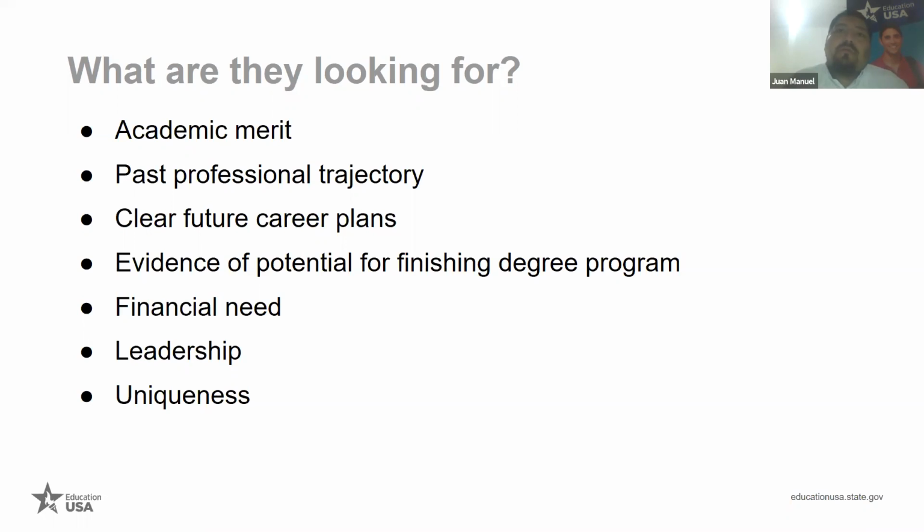Also, in the academic world, what has been your professional trajectory that is leading you to want to study this graduate program? What have you done before that sparked your interest, and that's why you want to study this graduate program? And linked to that, what is your future career plan?